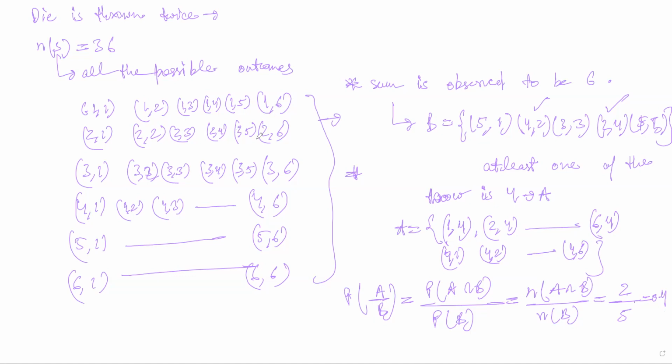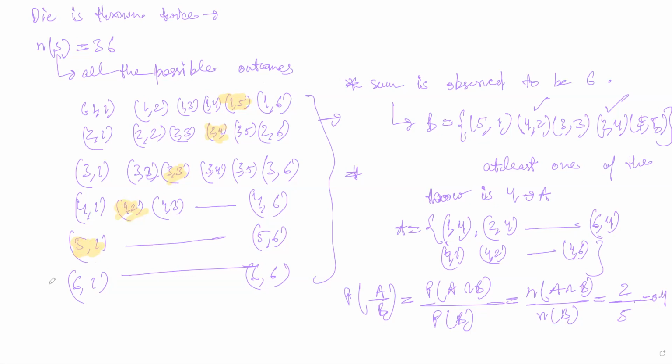So the event: we have been told that the sum is observed to be 6. I'm just highlighting these elements in which the sum is 6. Sum is 6: 1 5, 2 4, 3 3, 4 2, and 5 1, right?